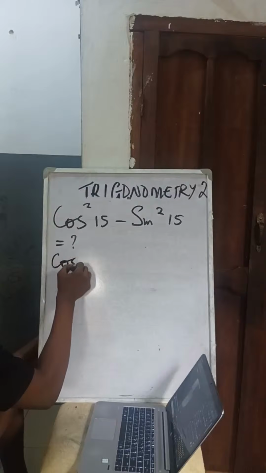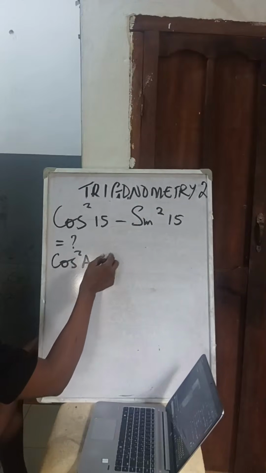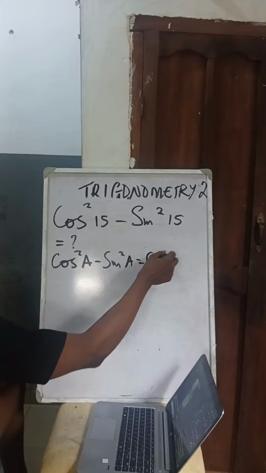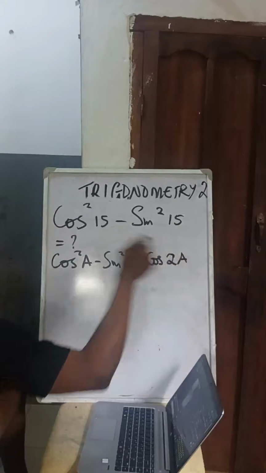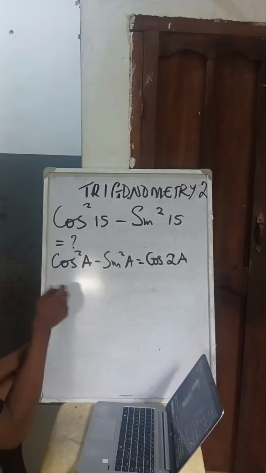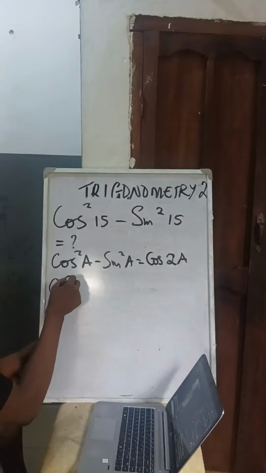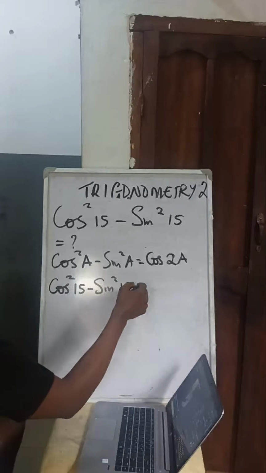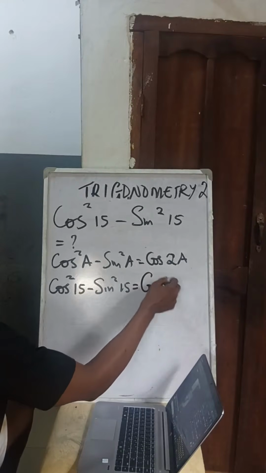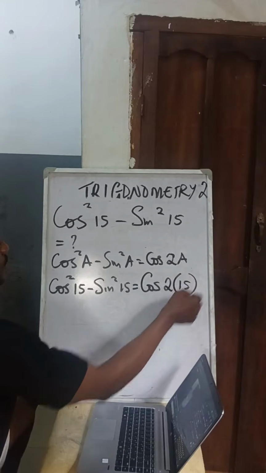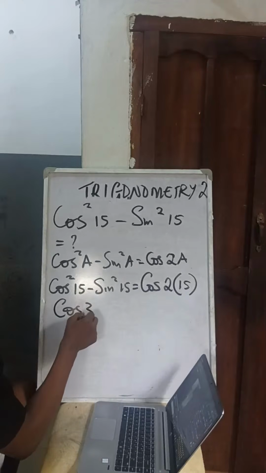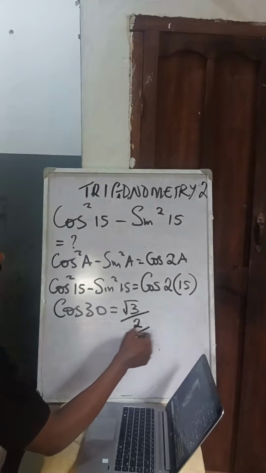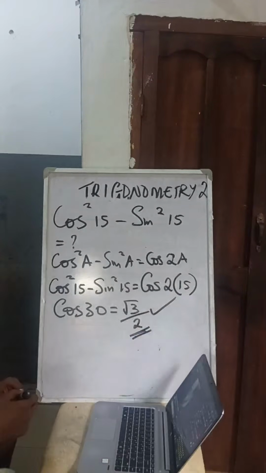Compare with cos squared A minus sin squared A is equal to cos 2A, from the double angle formula. So cos squared 15 minus sin squared 15 is equal to cos 2 times 15. So cos 30 is equal to root 3 all over 2. That is the answer.